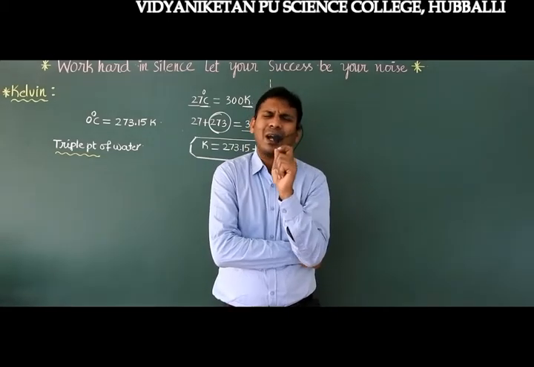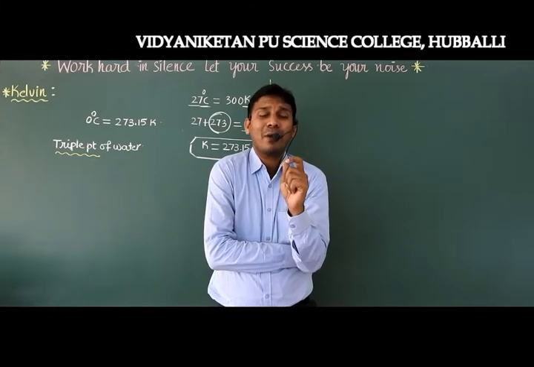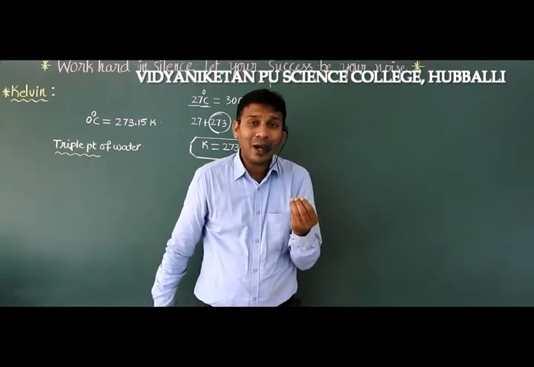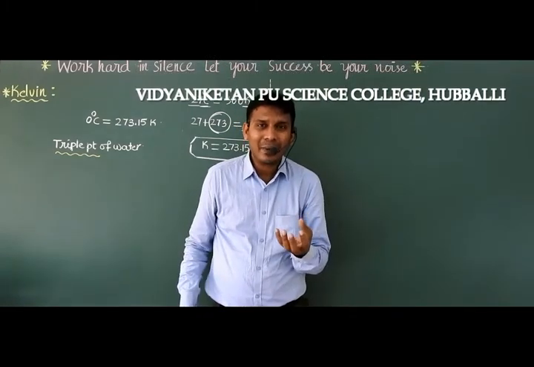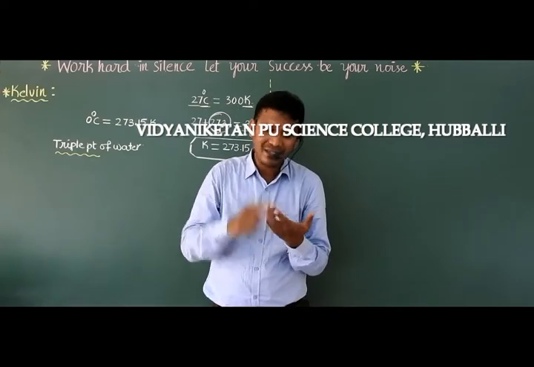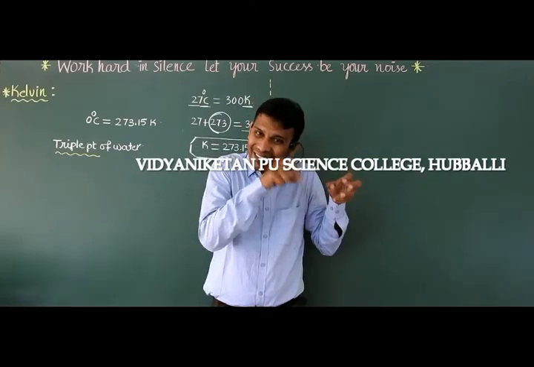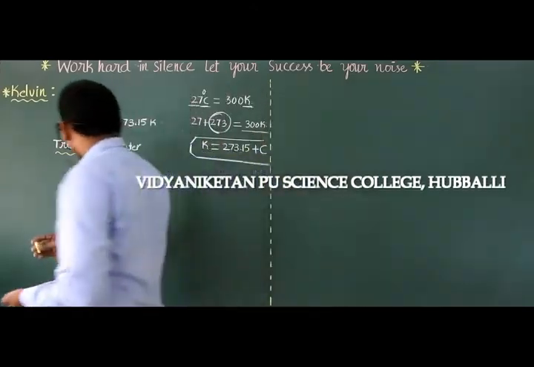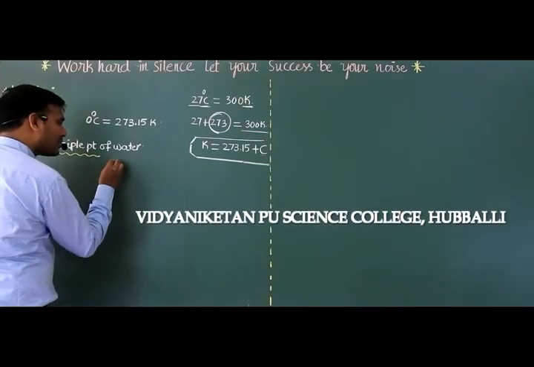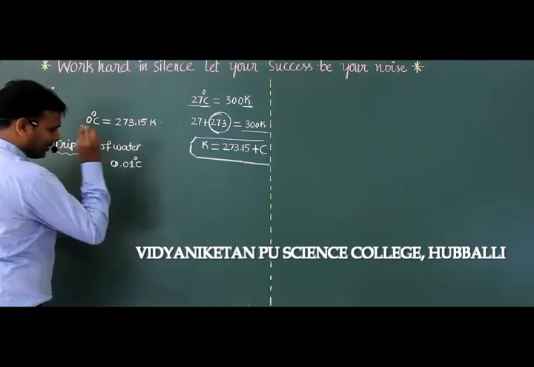Okay, sir, at what temperature does this triple point of water exist? Means at what temperature that matter is in the form of water, ice and steam. These 3 states coexist at that point. So that triple point of water temperature is 0.01 degrees Celsius.